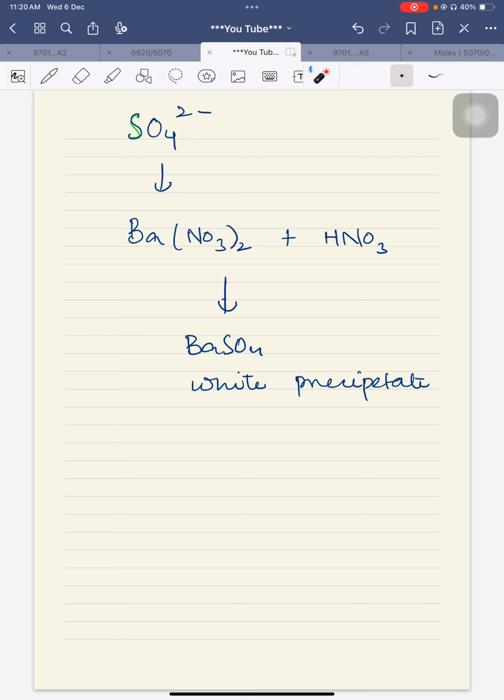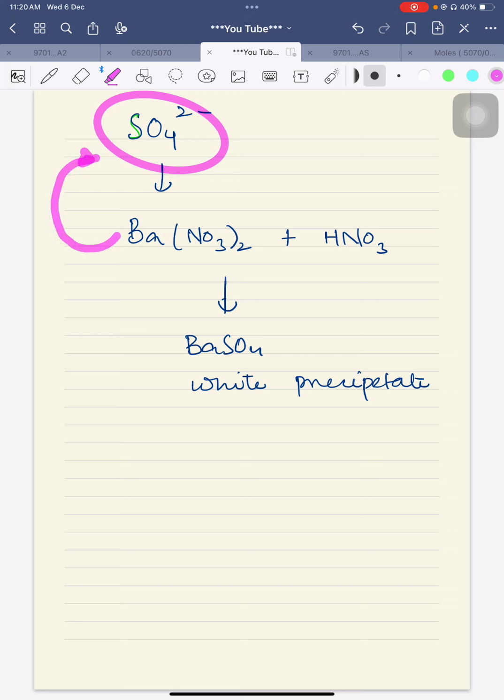Now the point is this: they can ask about sulfate by adding barium into it, and they can ask about barium by adding sulfate into it. Sometimes the examiner says that one solution is taken, let's say XYZ, any solution, and sulfuric acid is added into it. Sulfuric acid is a source of sulfate.